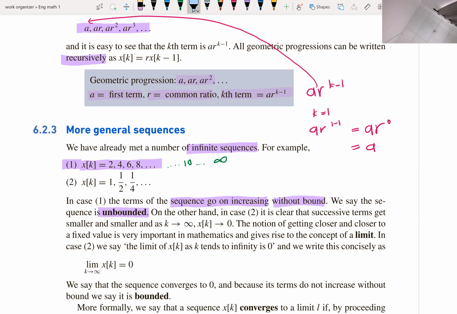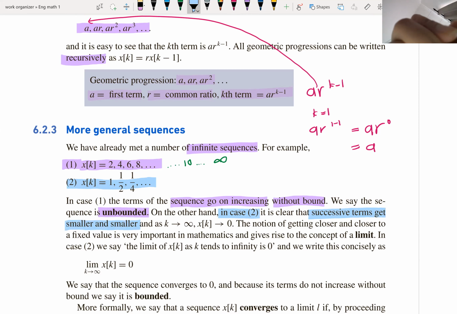For case 2, s of k is equal to 1, 1 over 2, 1 over 4, and dot dot dot, because it is infinite again. In case 2, successive terms get smaller and smaller.